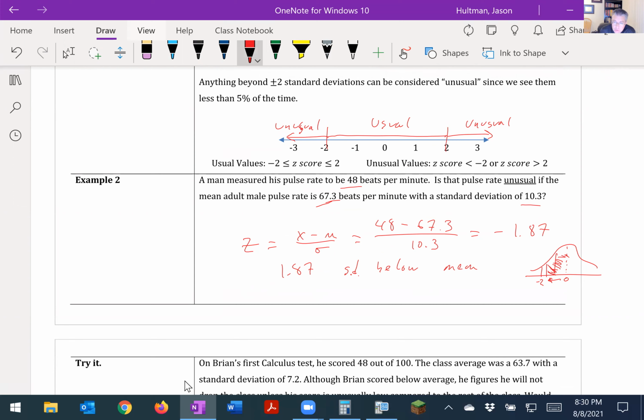It is not considered unusual since it is less than 2 standard deviations below the mean.